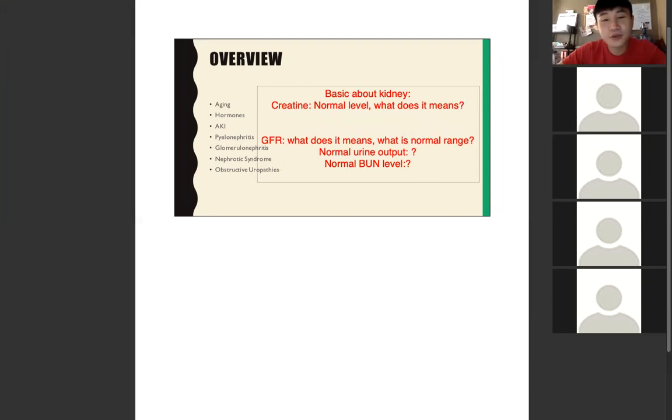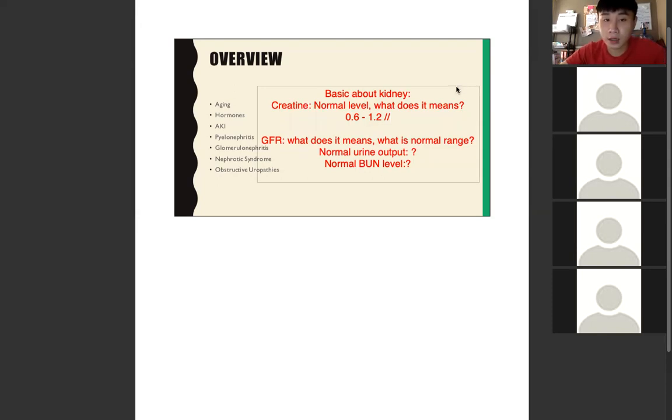But the normal level of creatinine is 0.6 to 1.2. This is crucial that we need to know this level because on the test, in the HESI, they will be putting the level of creatinine and we need to be able to tell, is it outside of normal range? Is the patient's kidney functioning? Creatinine is the main lab for kidney function.